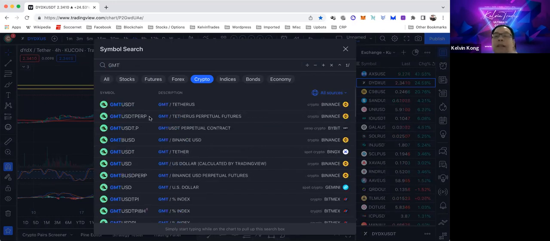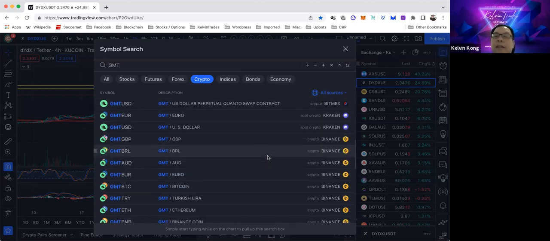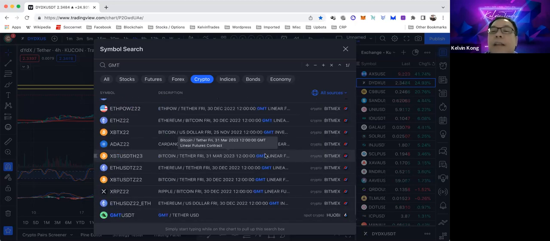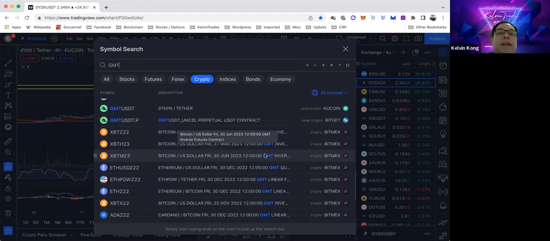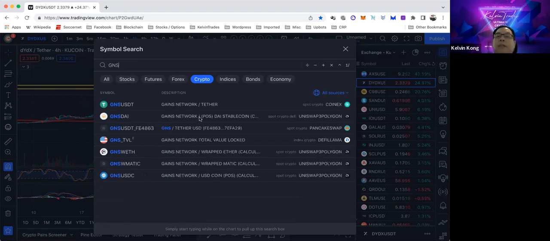Binance got GMT. Who's trading on Binance? Not GMT, sorry. GNS.